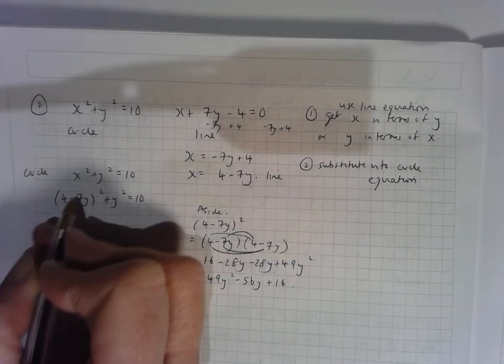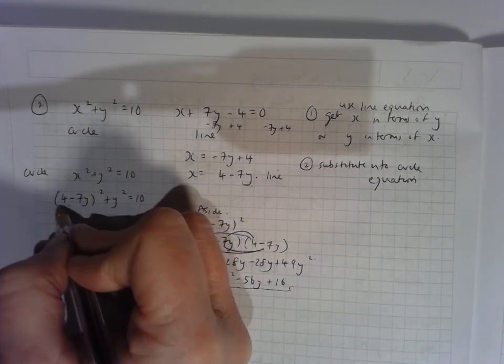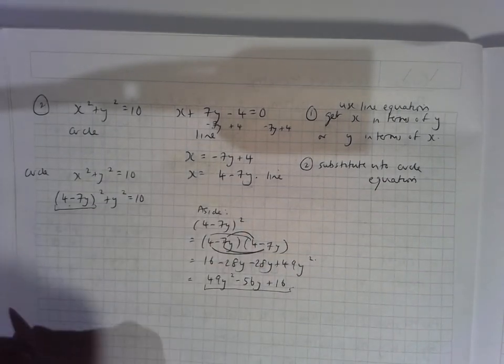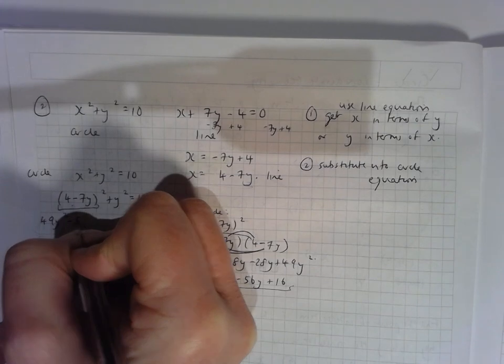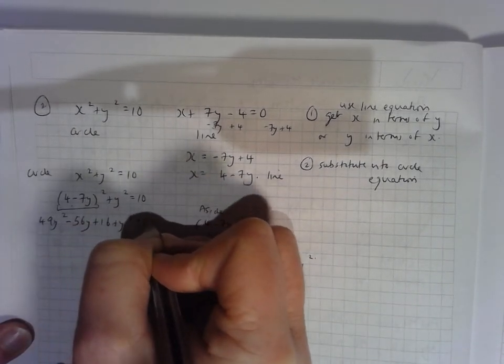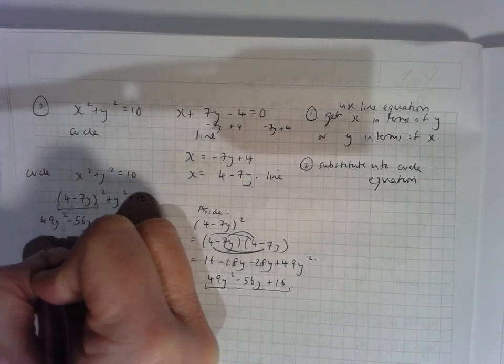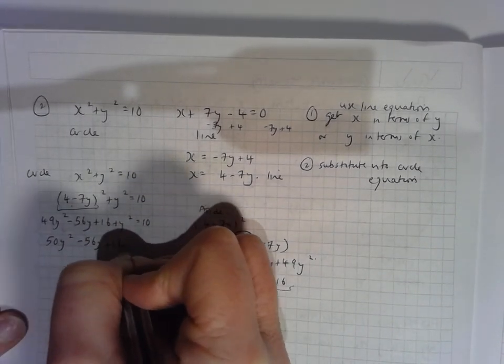So I'm going to put that back over here. So I've got 49y squared minus 56y plus 16 plus y squared is equal to 10. So I've got 50y squared minus 56y plus 16 is equal to 10.